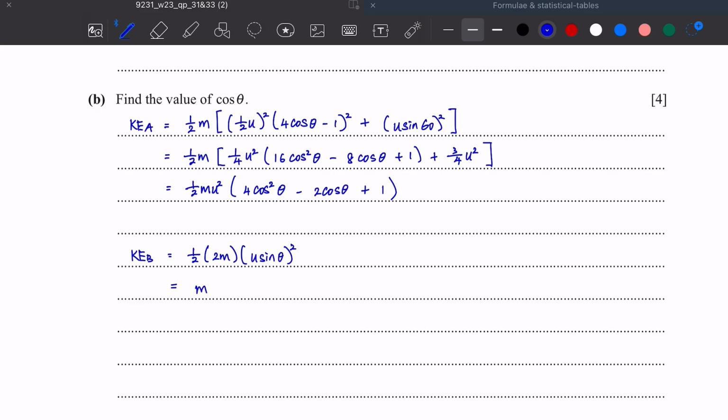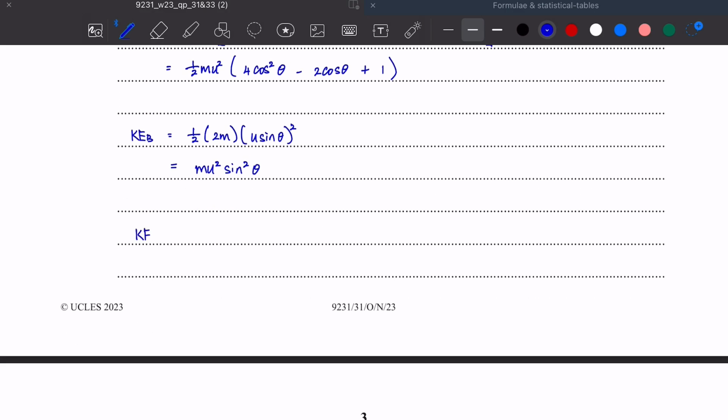And this would be m u squared sine squared theta. So the kinetic energy of A is 2 times the kinetic energy of B. So half m u squared times 4 cos squared theta minus 2 cos theta plus 1 equals 2 m u squared sine squared theta. And we can cancel the m u squared.